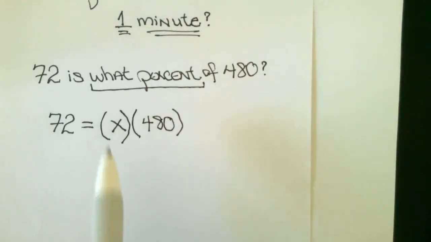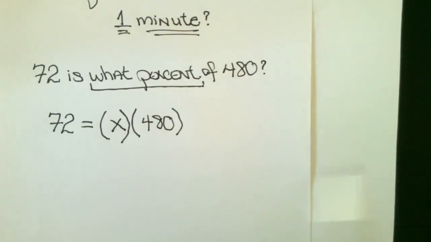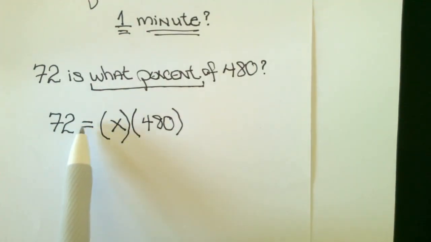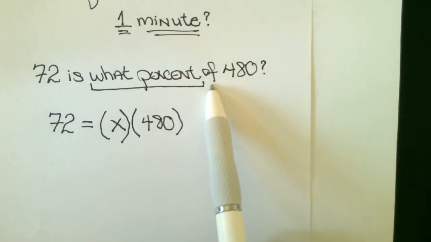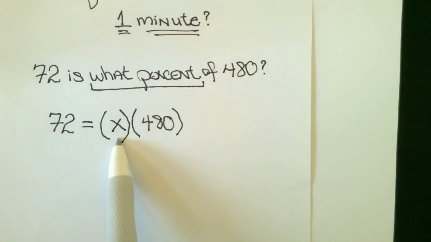Okay? So when you get into things like this, some people just know off the top of their heads. Some people might need to see it as an equation. So the word is always equates to equals. Whatever you're looking for, that's going to be your unknown. Of is always multiplication. So now, if I'm multiplying and I want to get x by itself, I have to do the inverse.